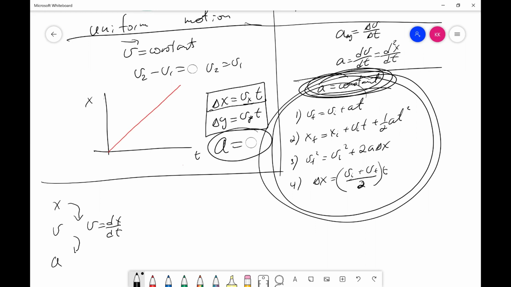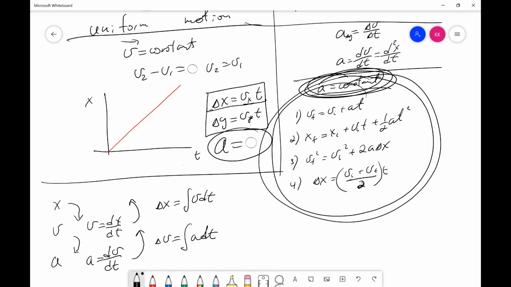Going from velocity to acceleration, again you take the derivative, dv/dt. But we also learned that you can go from acceleration to velocity, where delta v equals the integral of a dt. Or you can go from velocity to position, where delta x equals the integral of v dt.